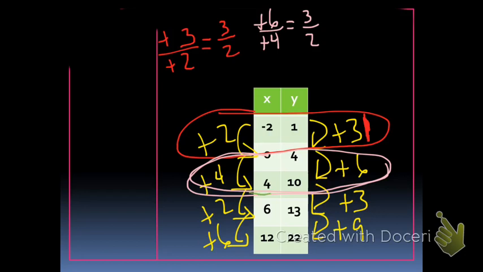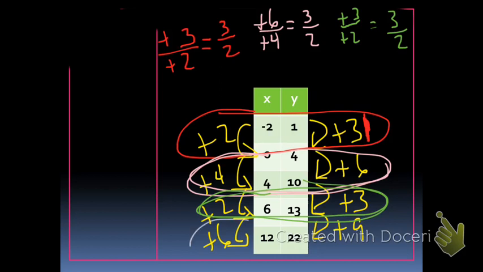Next one, positive 3 over positive 2 equals, guess what? 3 over 2. Now let's look at the very last one. Let's use this gray color here. That would be positive 6 over positive 9, which, guess what, is 3 over 2.